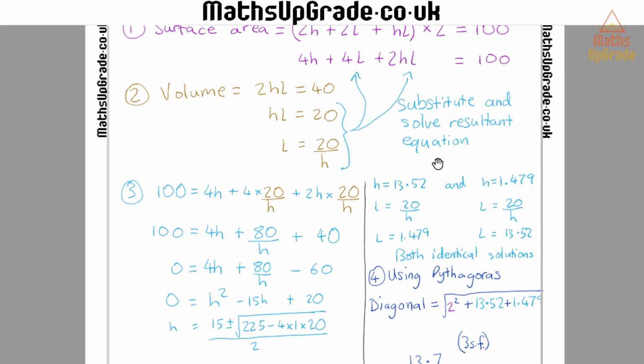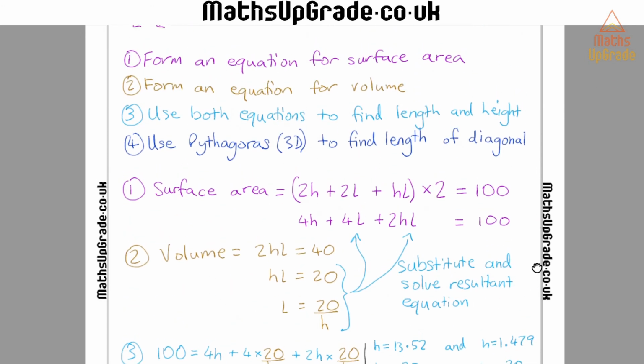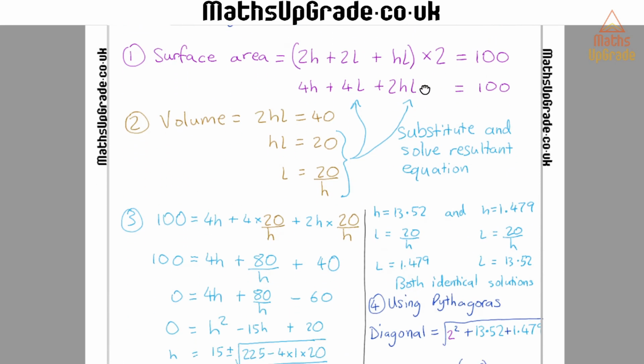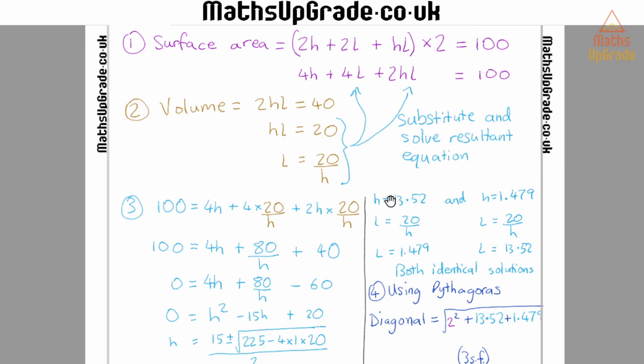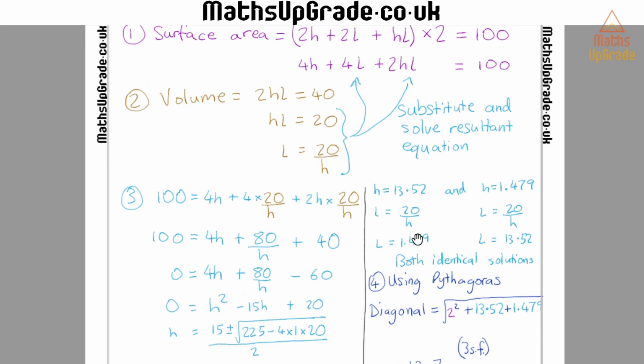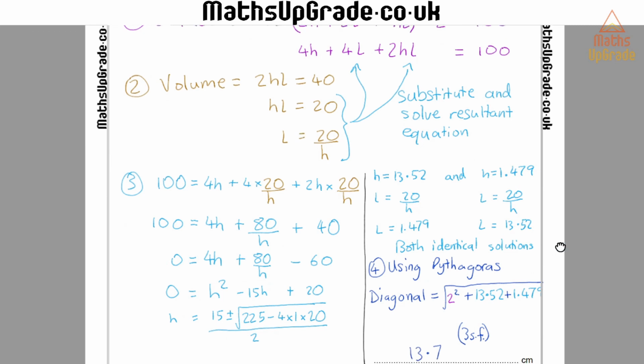So there's 2 solutions for the height, since I could have labelled the height as being this long side or this vertical edge here. Now if I follow through and substitute the height in for length into this equation here, I actually get the opposite values for the length. So this confirms that my solutions are indeed correct.